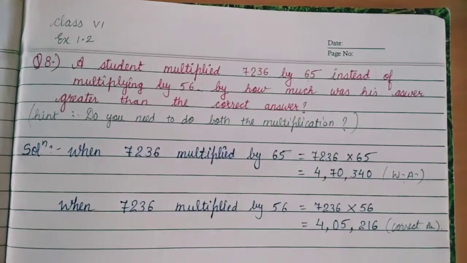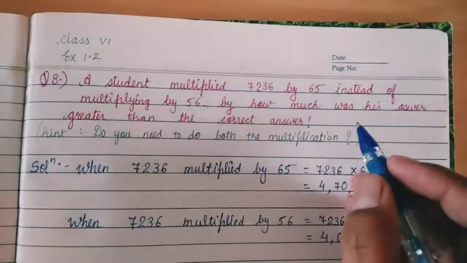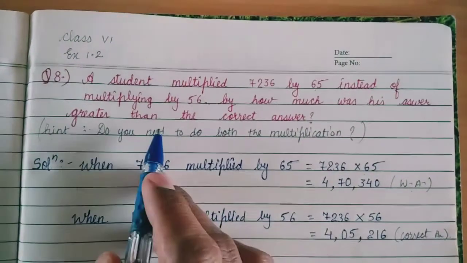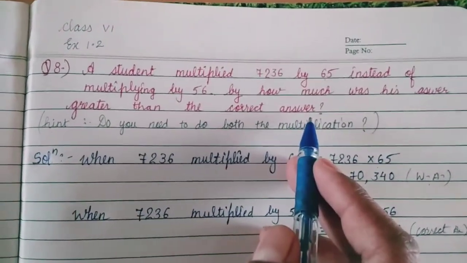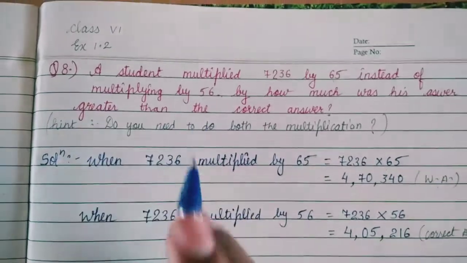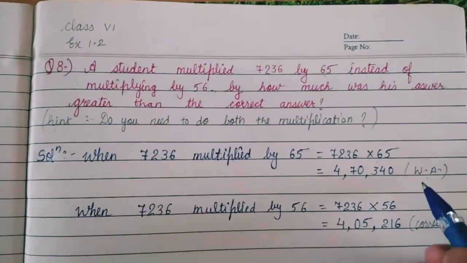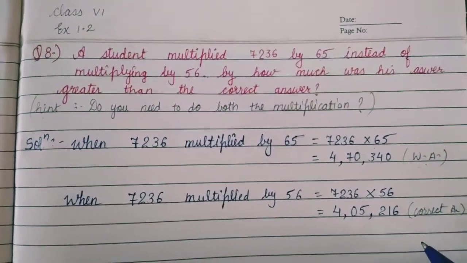The question is asking by how much was his answer greater than the correct answer. We have to simply find out the difference between the wrong answer and the correct answer.